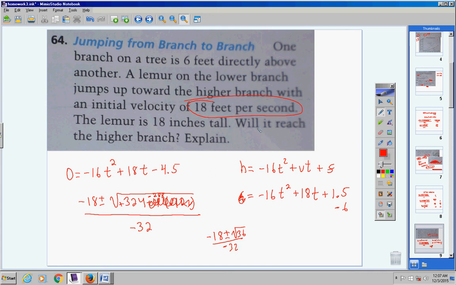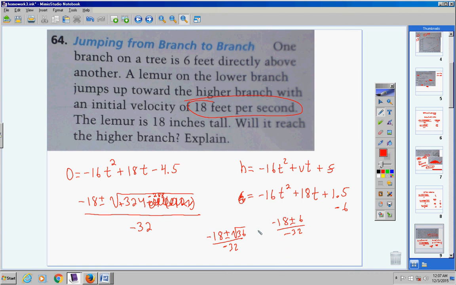Now the question is, will the lemur reach the higher branch? Well guys, look, the only way to really know is to solve this and see if we get an answer. So the square root of 36 is 6. Negative 18 plus or minus 6 all over negative 32.